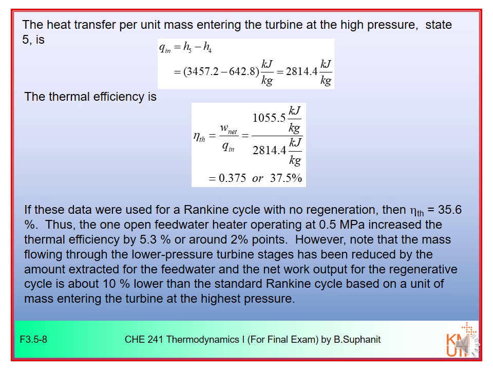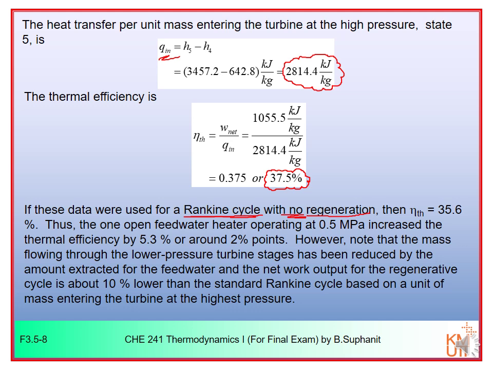So q in would be 2814.8 kilojoule per kilogram. This is your q in. The thermal efficiency of this regenerative Rankine cycle can then be calculated by w net divided by q in, and that would be around 37.5%.